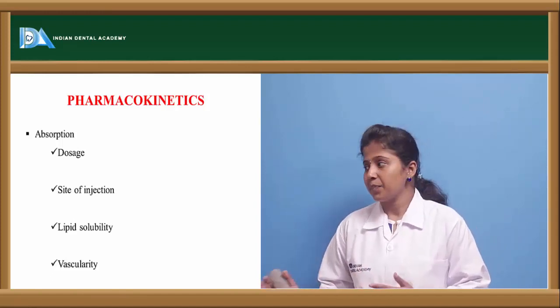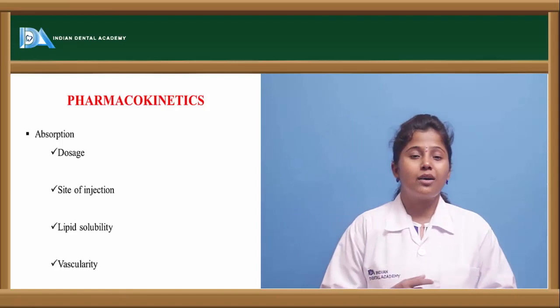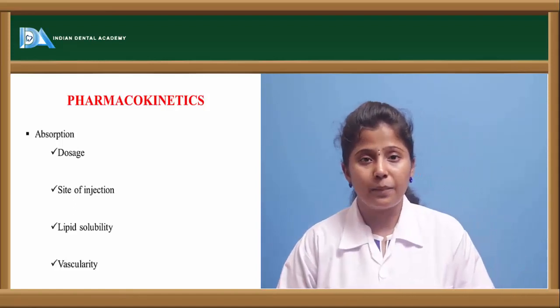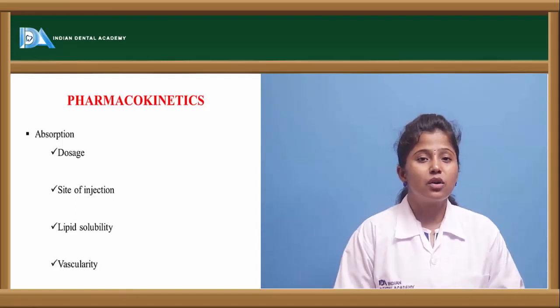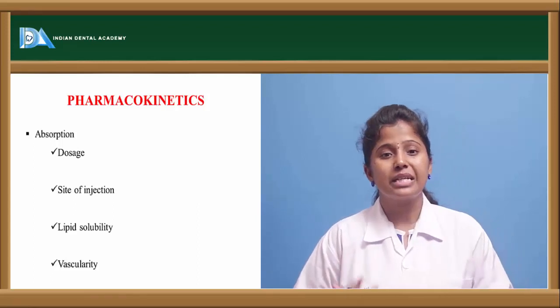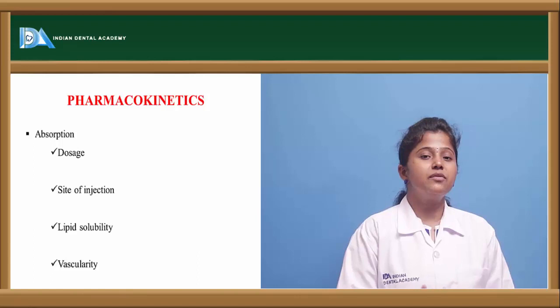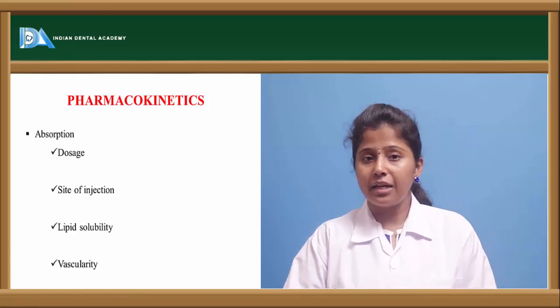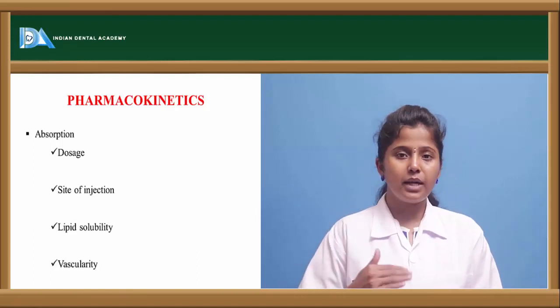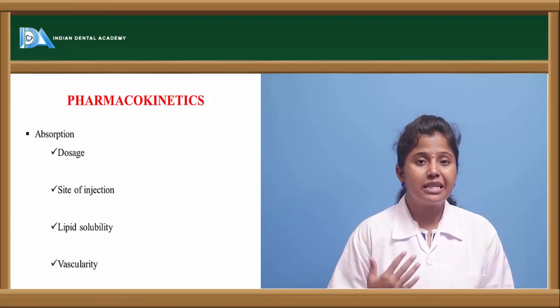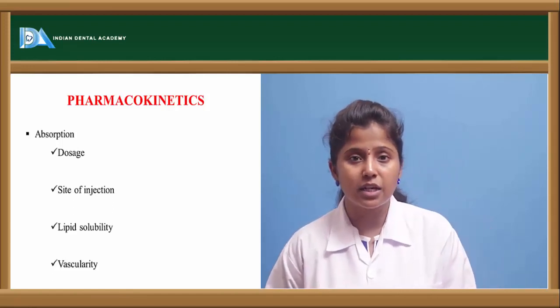a little delayed. And site of injection, where we are applying, also matters, because in our body a few organs have greater vasculature and a few organs have lesser vasculature. For example, if we give through injection, it directly enters the blood circulation, and thereby the absorption of the drug is almost 100%.